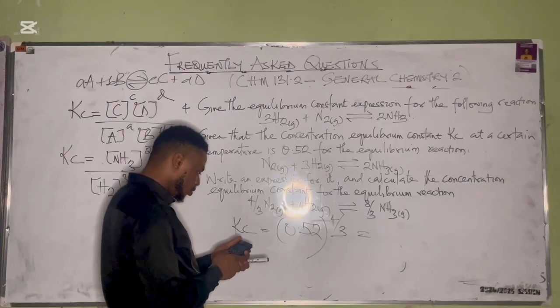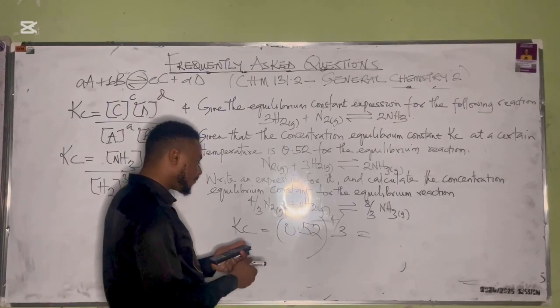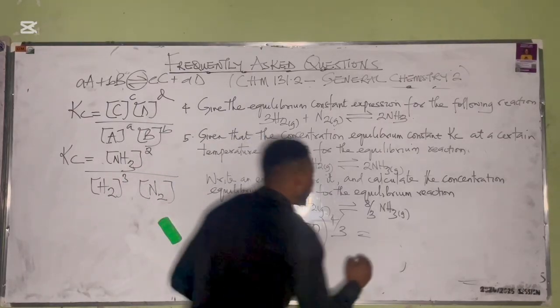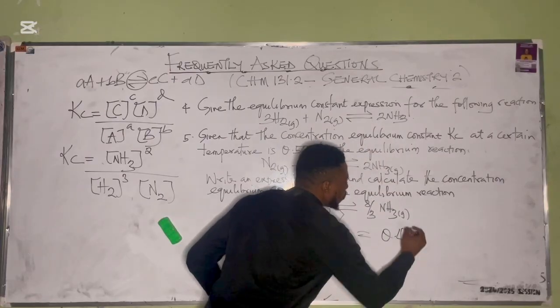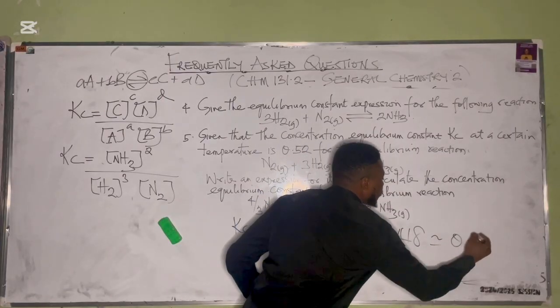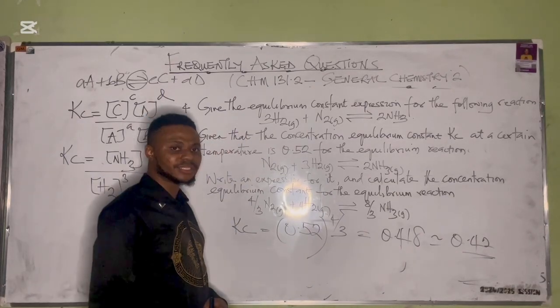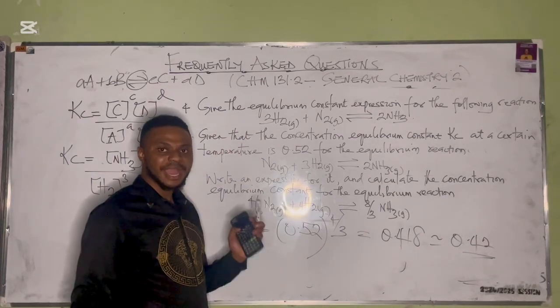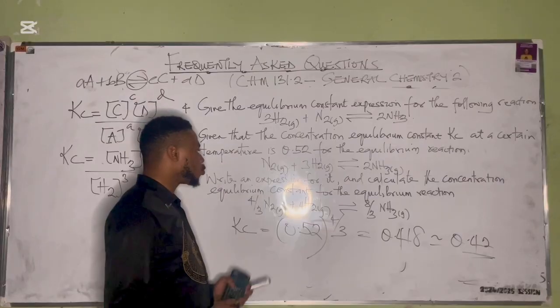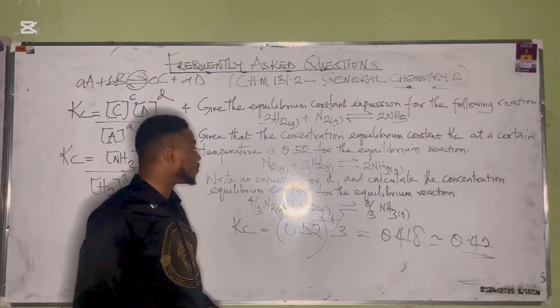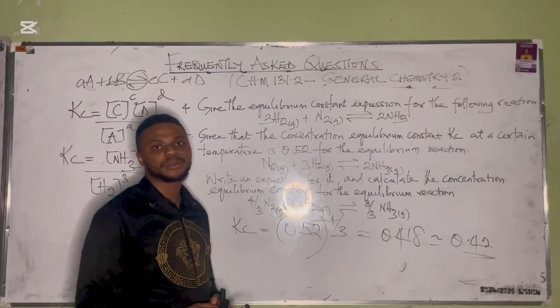This will give us 0.418, which is approximately 0.42. So that's the answer to this question. I need you to be able to understand how to navigate through heterogeneous equilibria and even normal equilibrium constants.